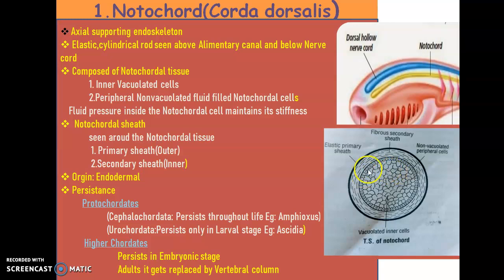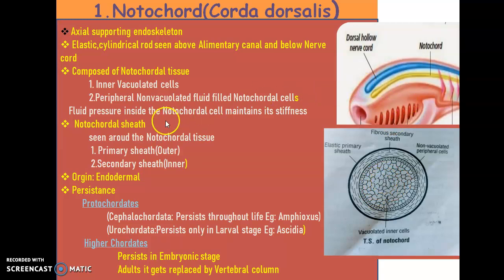What is the peculiarity of this region is that this is called the notochordal region and notochordal cells. This fluid-filled peripheral region is called the notochordal cell. It will secrete some fluid into here, and this fluid will create some pressure, and this pressure generally provides stiffness to the notochord.